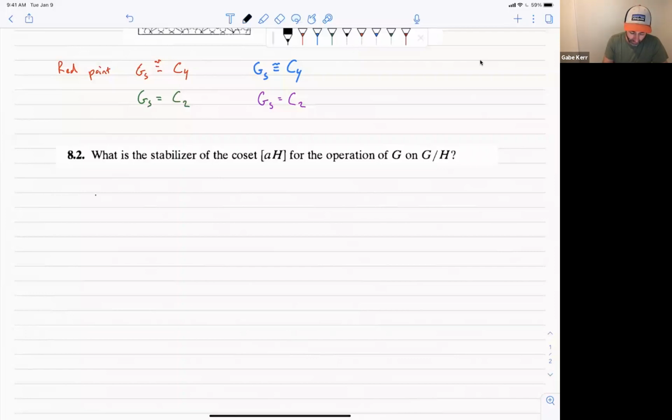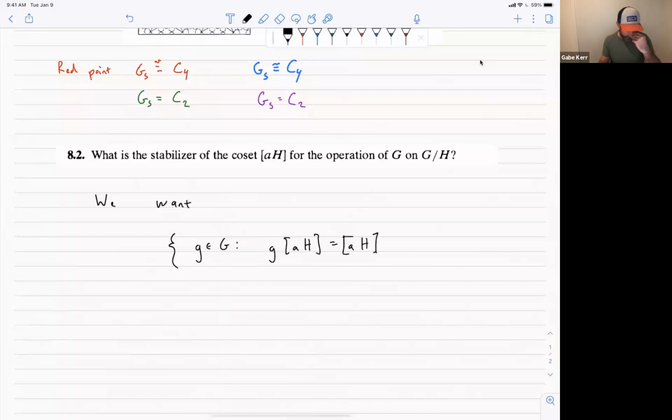So what are we looking for? We want the following set: the set of elements g in G so that g times AH is equal to AH. Now this is just his notation.